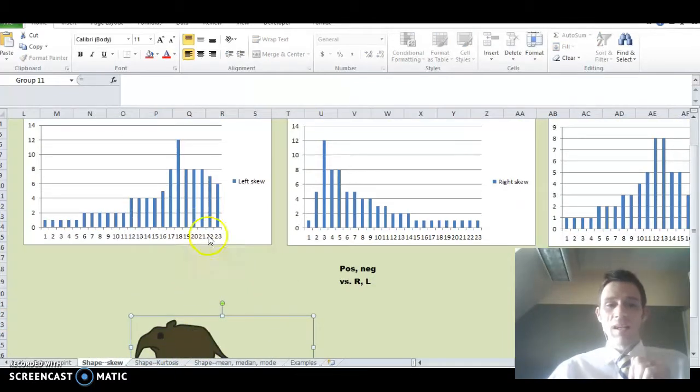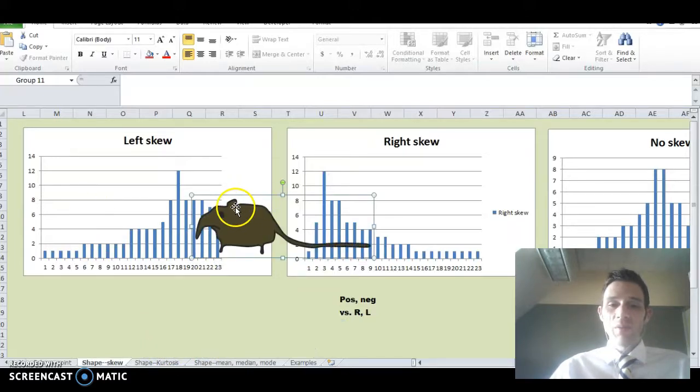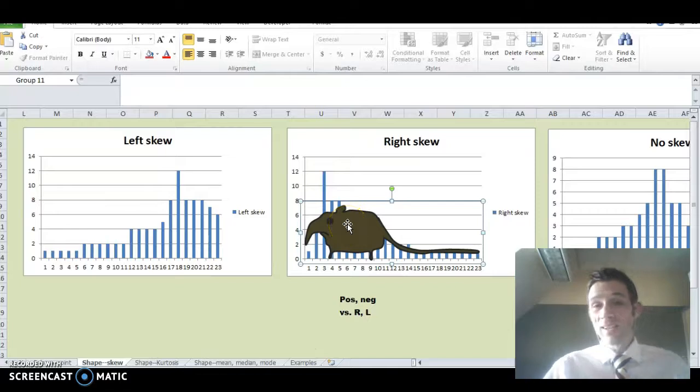A lot of students say, oh, skew is sort of where we have this cluster of data, where we have the most data, sort of like bias, where the most data points come in. And they describe it with some of this terminology. To prevent that, make sure you're not thinking of it that way. Make sure you're focused on the tail. To help you do that, here is a shrew with a long tail.